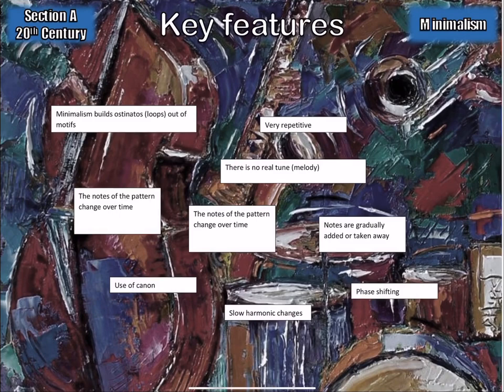So in minimalism, quite often chords change quite slowly. We might think about maybe Baroque or classical music where chords potentially change every beat or every 2 beats. But in minimalism, it might be that we hold on to a chord for a lot longer. So again, make sure you've got this list down before you move on.